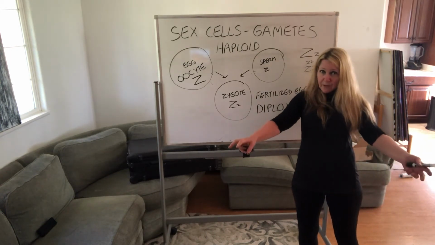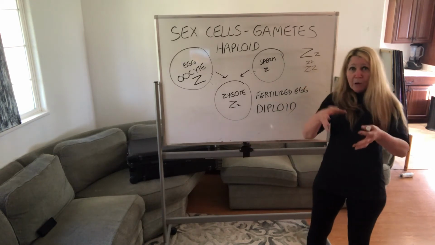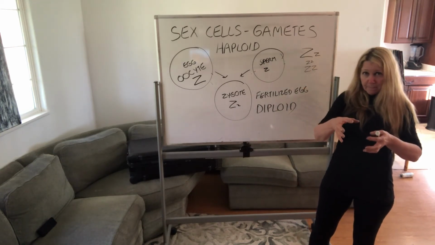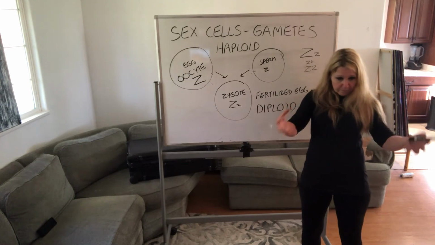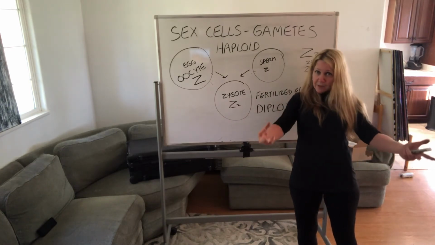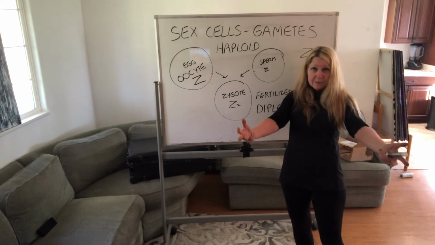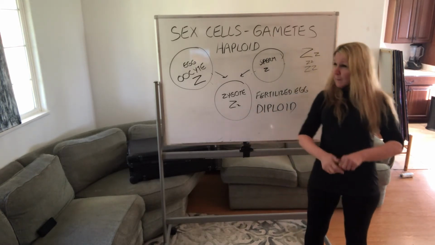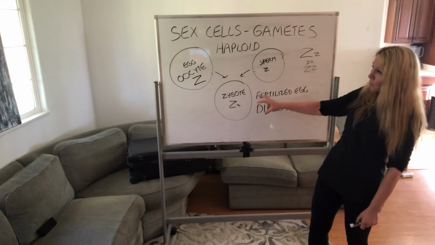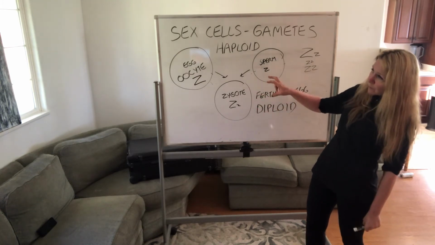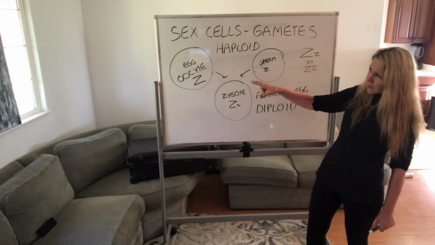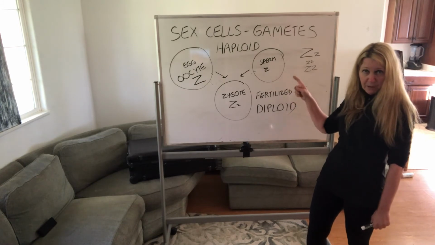And then those cells divide. And pretty soon you get a ball of cells. And then the cells keep dividing and form an embryo. Like the fetus, the baby. All right, so this is why these sex cells have half of the amount of DNA.